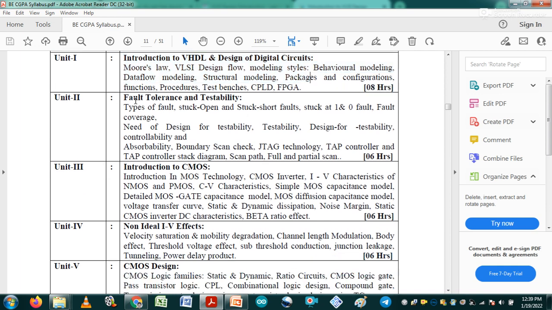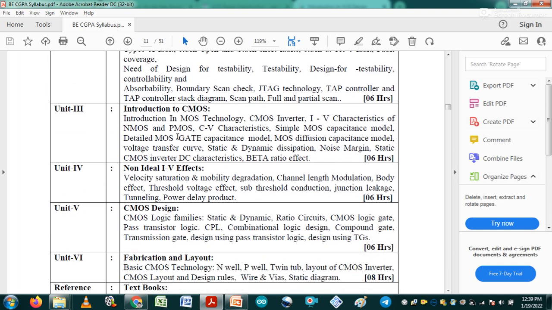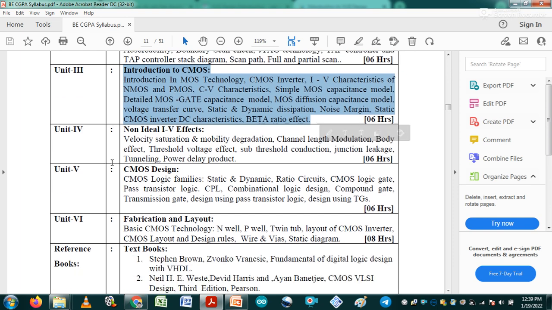In unit 2 we will cover fault tolerance and testability. Basically, we will understand how to test a circuit and how to find its tolerance. In unit 3 we will understand CMOS. It is one of the very important chapters, because in the PPT we also saw we need to understand CMOS transistors.